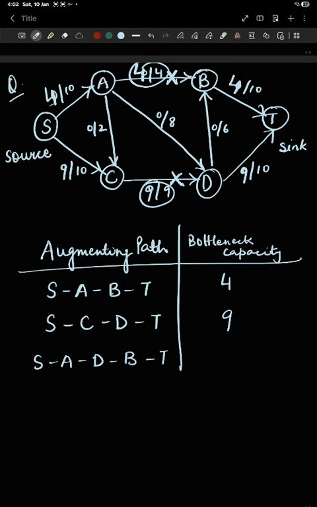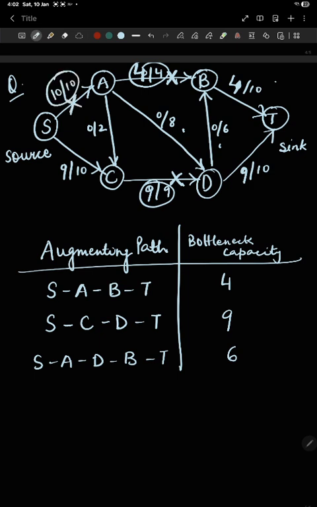Okay, since I've taken this path, the minimum value over here is, 10 minus 4, 6, here 8, here 6, and here 6 only. So the minimum value is 6. If we write the remaining value, 4 plus 6, it would be 10 on 10 here.